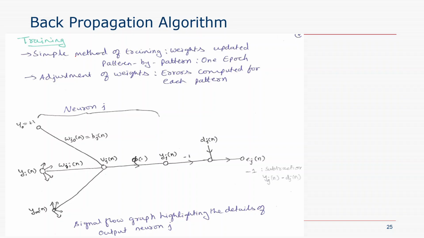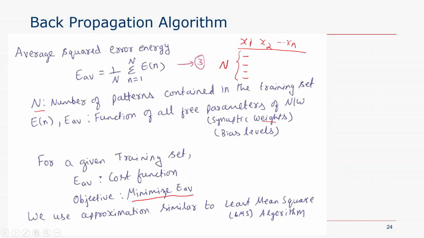Now, for training, we'll consider the simple method of training, that is weight updation. Weight updation is by pattern. That is, as I said, we will take the first training example and then do the forward propagation, and then we do a backward propagation, and then we will update the weights.